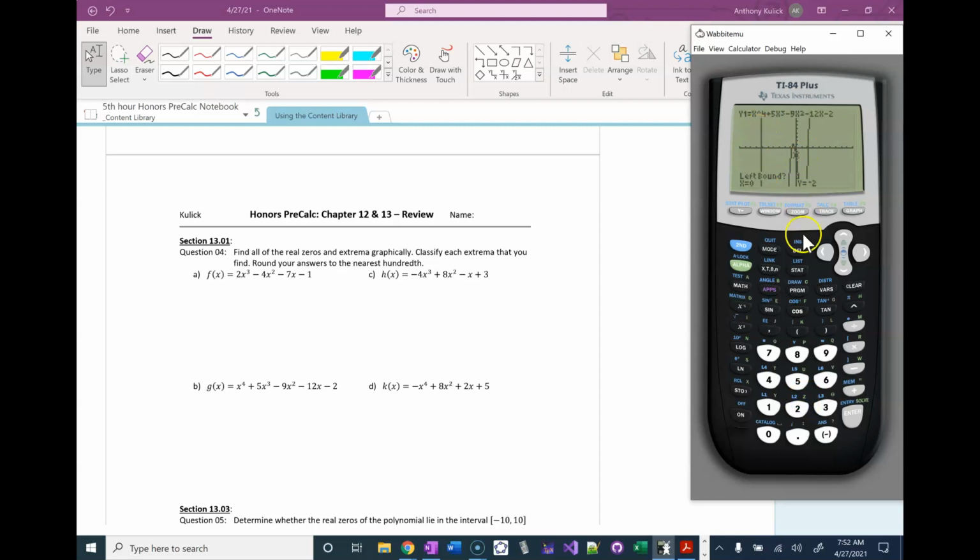Now let's say we want to find this one right here. The first thing it asks me is a left bound, so I'm going to use my left arrow to move my cursor to the left side of that x-intercept. I'll press enter. Then it asks for a right bound, so I'll move it to the right side.